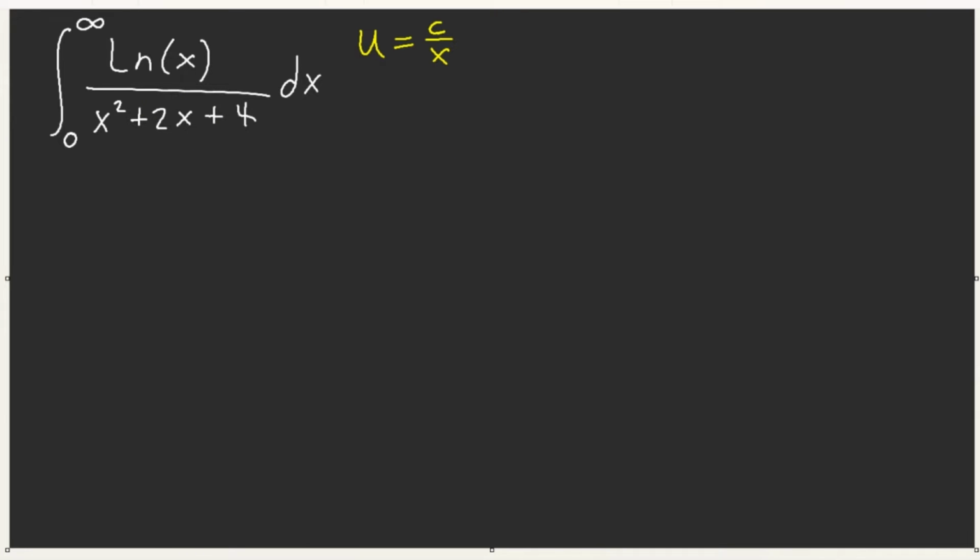Now just follow along very closely. This is the hardest part. du is negative c over x squared dx. In fact, if we let u equal c over x, then x is equal to c over u, and dx is negative c over u squared du.